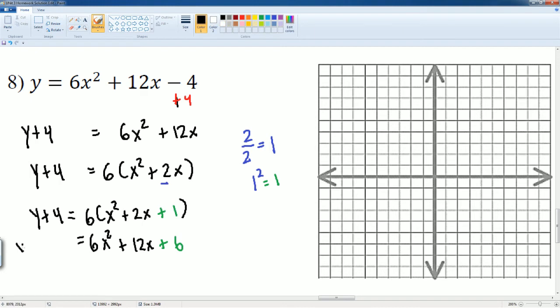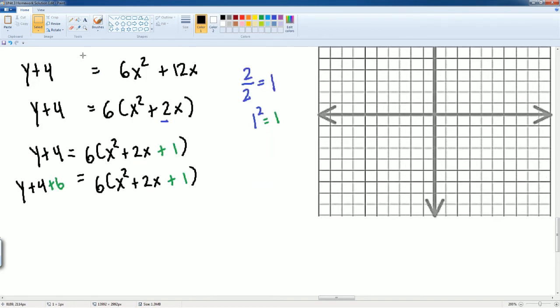So this is y plus 4, and I'm really adding a plus 6 here. Please understand that. That's how I'm getting that plus 6. Understand how I got that 6. This can be factored though. 6 parentheses, the factor is right here, which is 1.